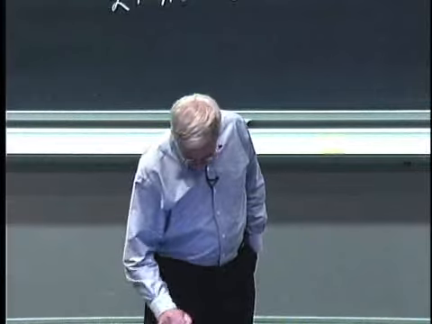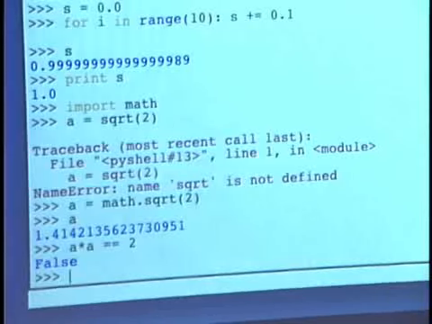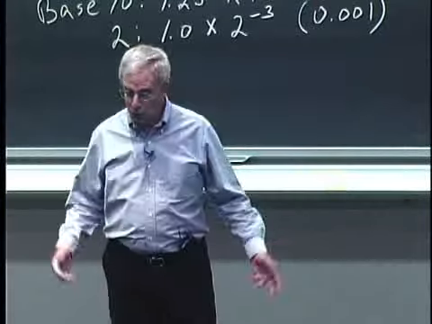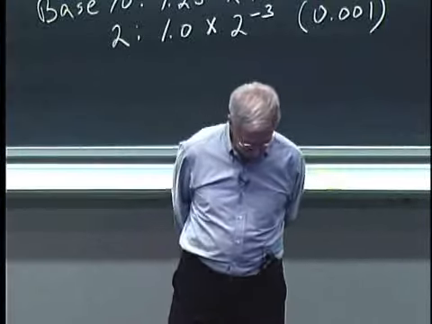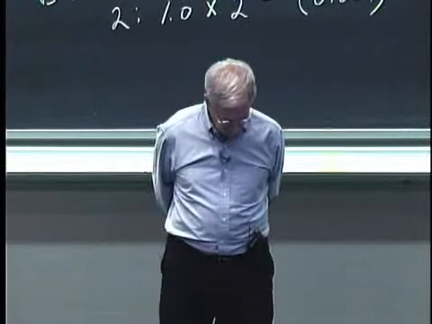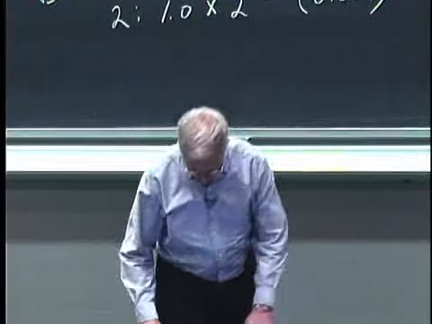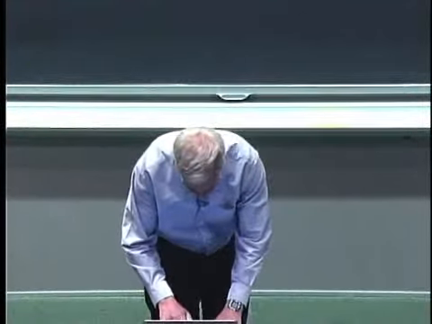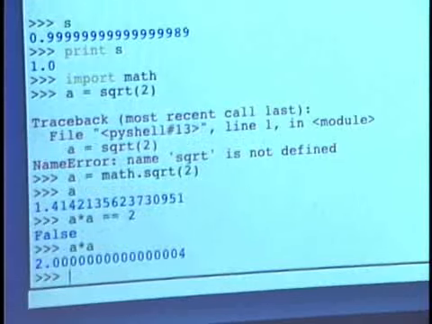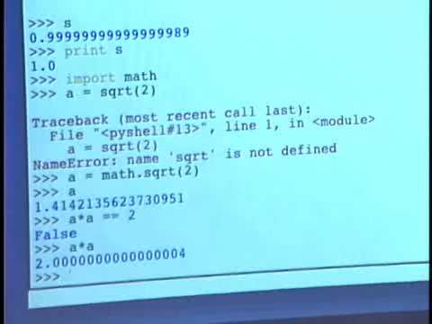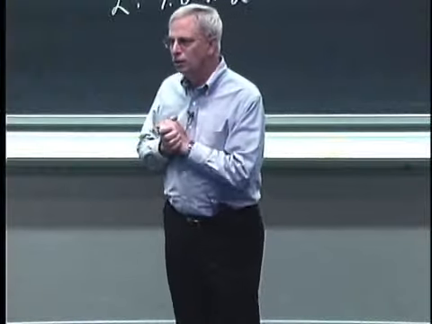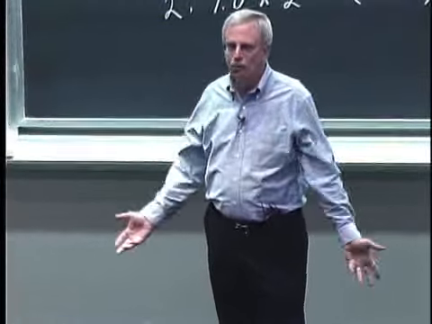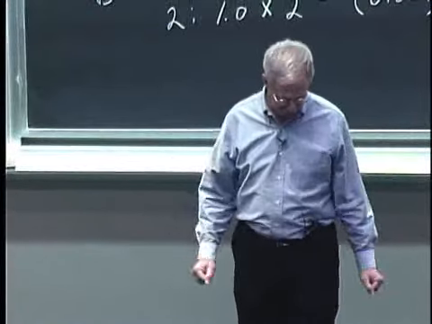But by now, you won't be surprised that the answer is false, because we know what we've stored is only an approximation to the square root. And that's kind of interesting. We can see that if I look at a times a, I'll get 2 point a whole bunch of zeros, and then a 4 at the end. So this means if I've got a test in my program, in some sense it will give me the unexpected answer false.